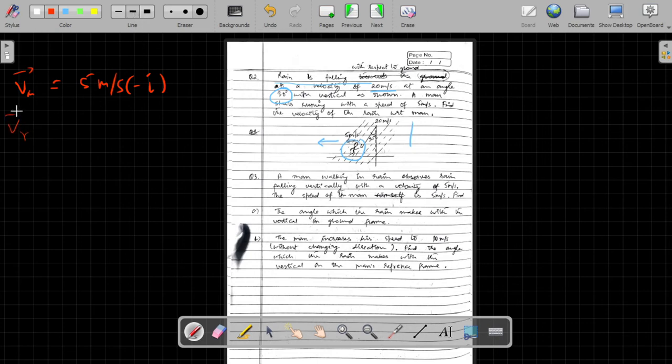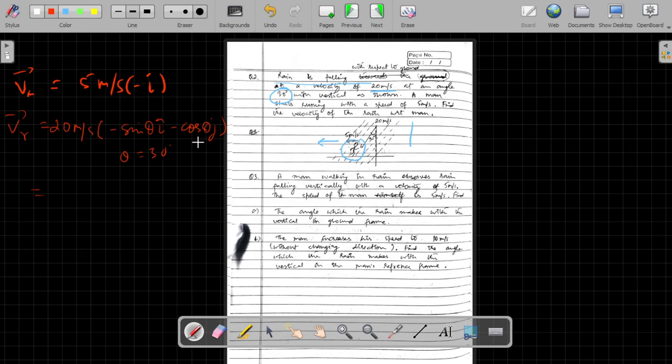And the velocity of rain is 20 meter per second, and we'll be writing minus sine theta i cap and minus cos theta j cap, where theta is 30 degree.